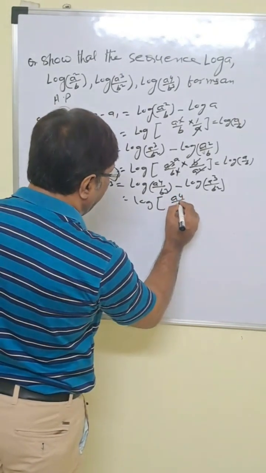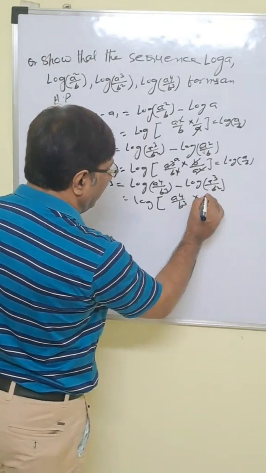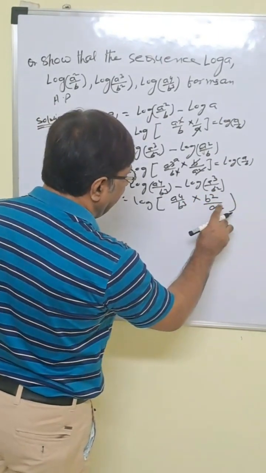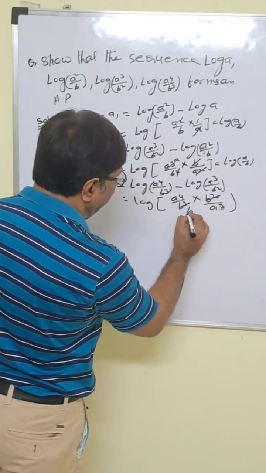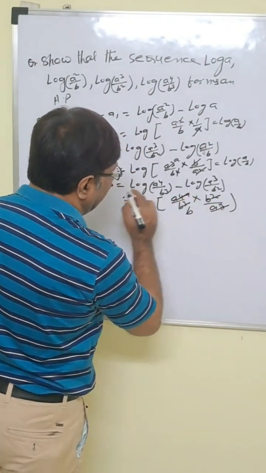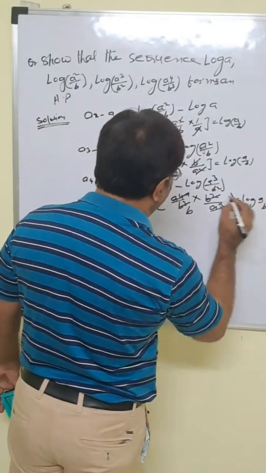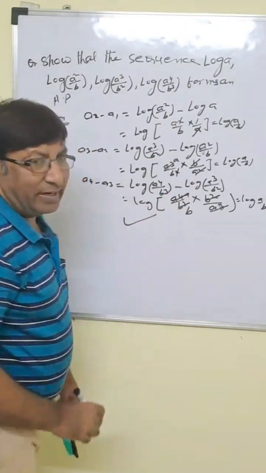So this is a to the power 4 by b cube divided by a cube by b square. When we multiply, it becomes the reciprocal, b square by a cube. So this b square cancels with b cube leaving b, and a cube cancels leaving a. So we will get log a by b. So all are the same. So it is an AP.